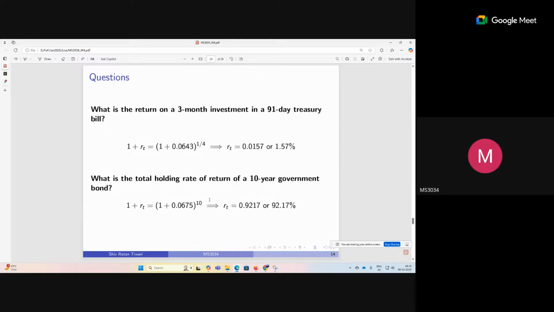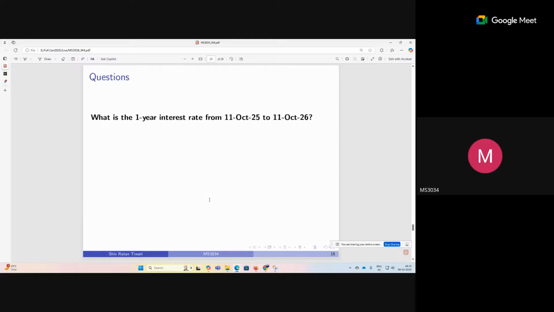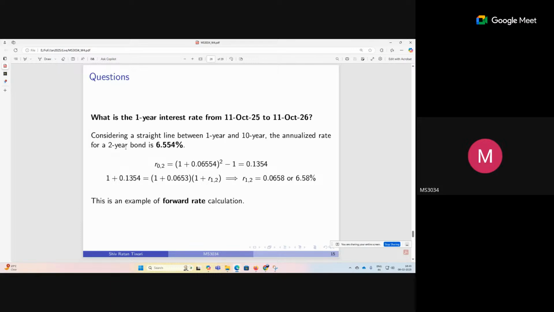Here, through that straight line, we have calculated the annualized rate of return for a 2-year bond, and it comes out to be this much. R02 means what you earn between period 0 and period 2, so this is the total holding rate of return on this 2-year bond.